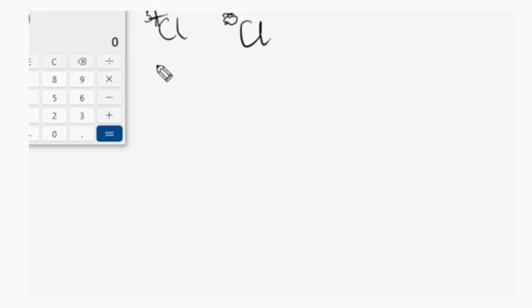Let's say the relative abundance of chlorine 37 is X, which is an unknown.